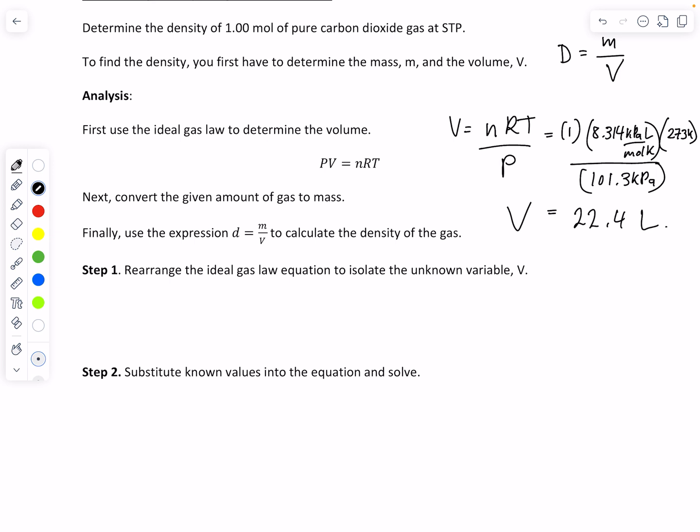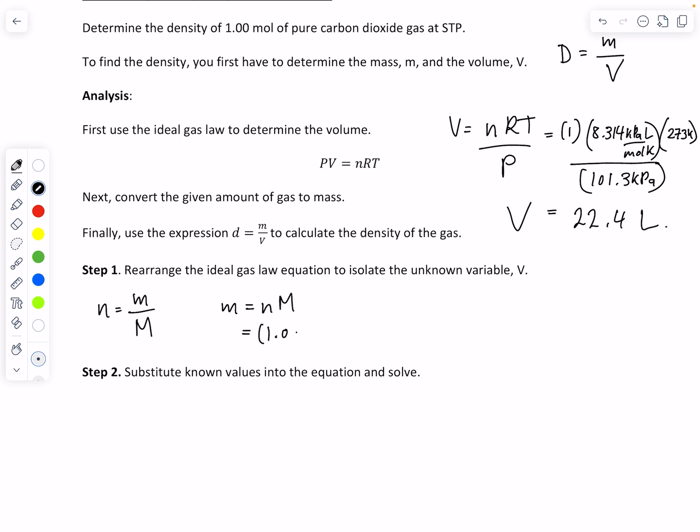Next, if we have the number of moles, we need to rearrange this to find the mass. Number of moles is equal to mass over molar mass, so the mass is equal to the number of moles times the molar mass.